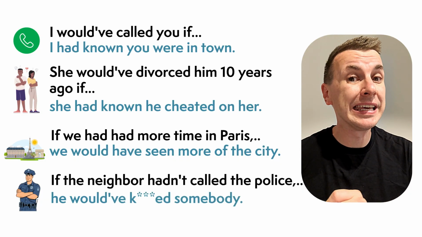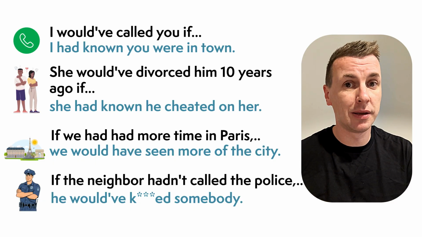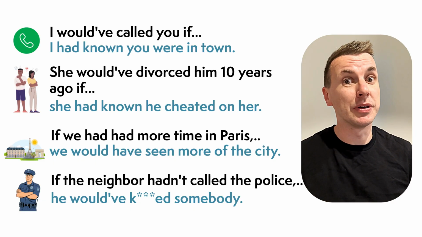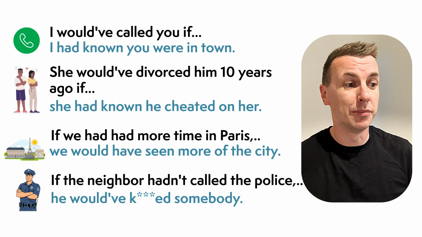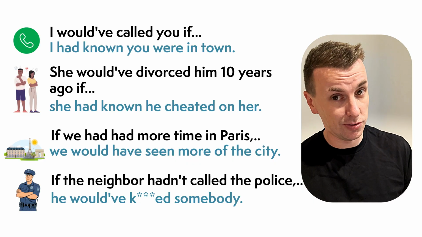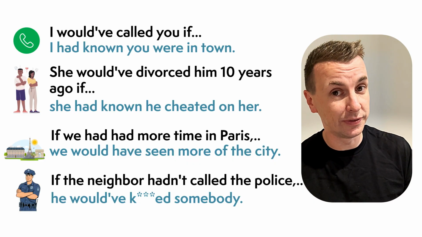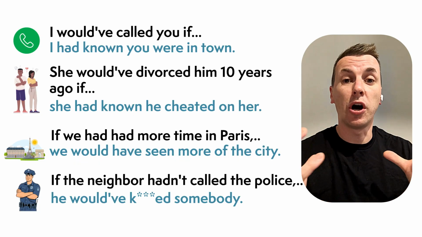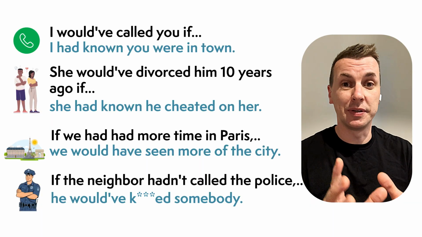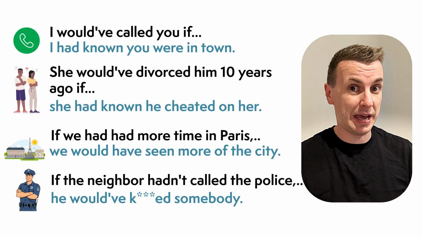He would have killed somebody, right? So thankfully, the neighbor did call the police and he didn't kill anybody. But if the neighbor hadn't called the police, then he would have killed somebody. See, there's this opposition, like it's opposite. The reality is opposite to what could have happened.